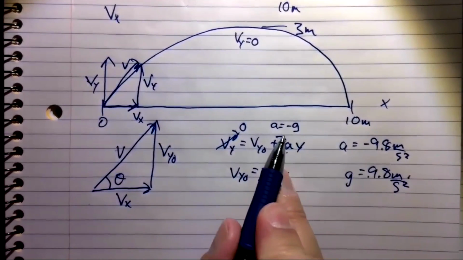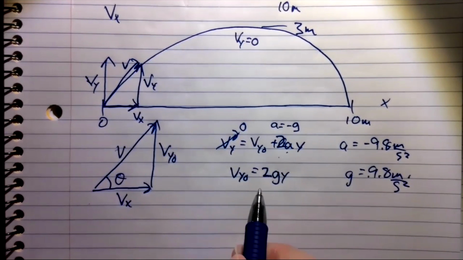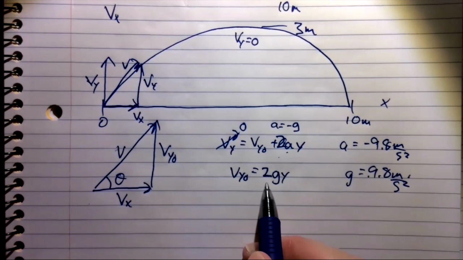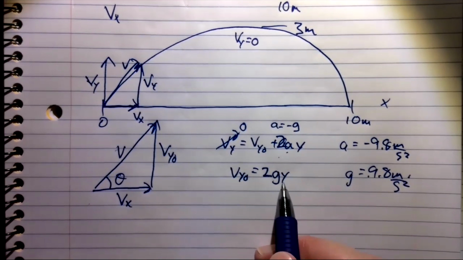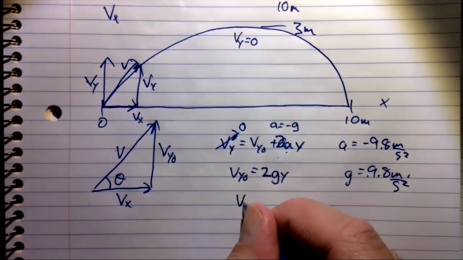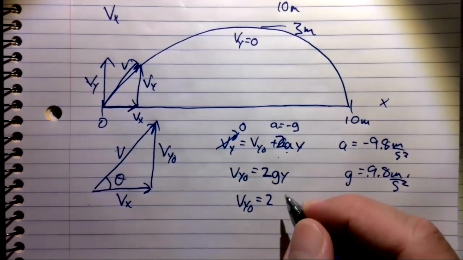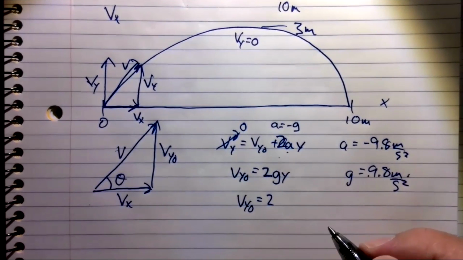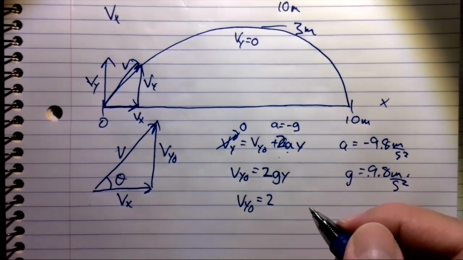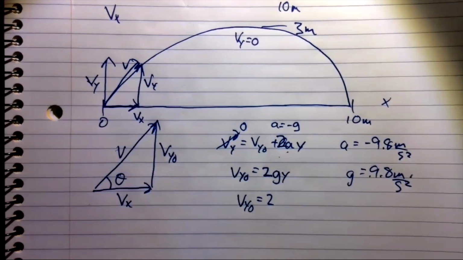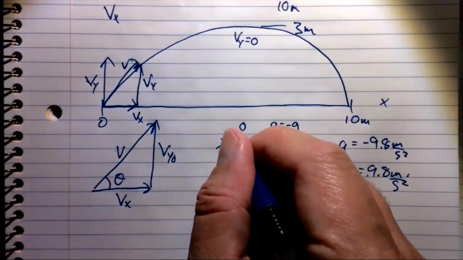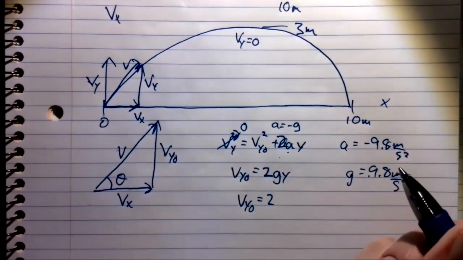It'll be negative, so I'll have minus G here. So Vy0 equals 2 times Gy. So my initial y velocity is going to be 2... I think I already messed up. I did mess up. These should be squared. This should be Vy squared.